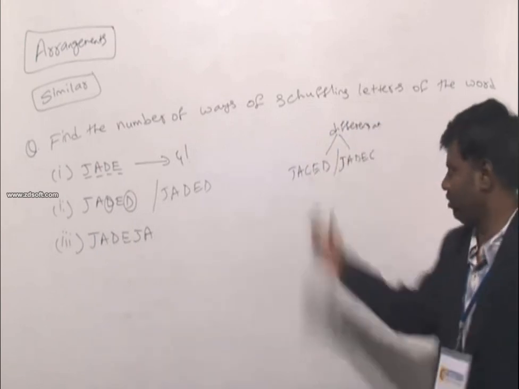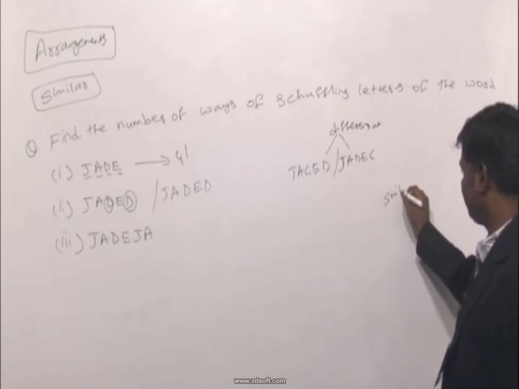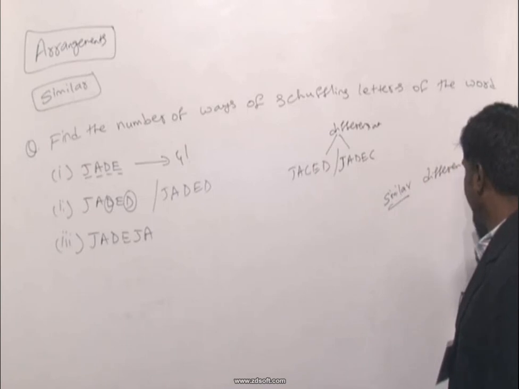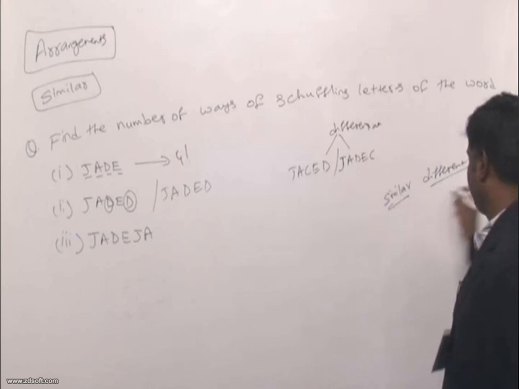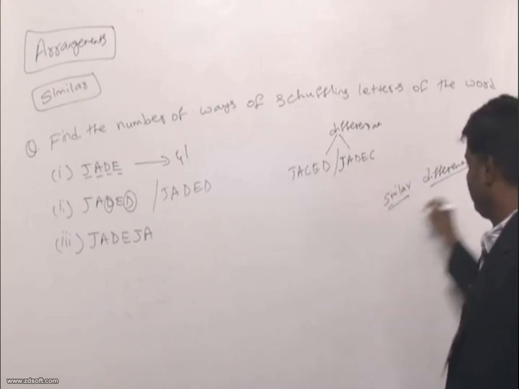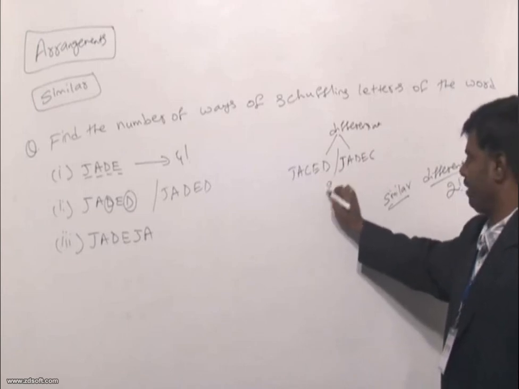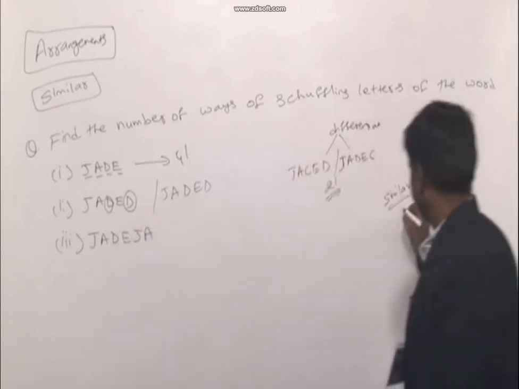You can distinguish these two words, right? So let us consider a scenario, similar versus different. If they are different, two letters, you will treat them as 2 factorial ways, right? Now, how many ways can you shuffle these two? 2 factorial ways. If they are similar, you will treat them as just one.